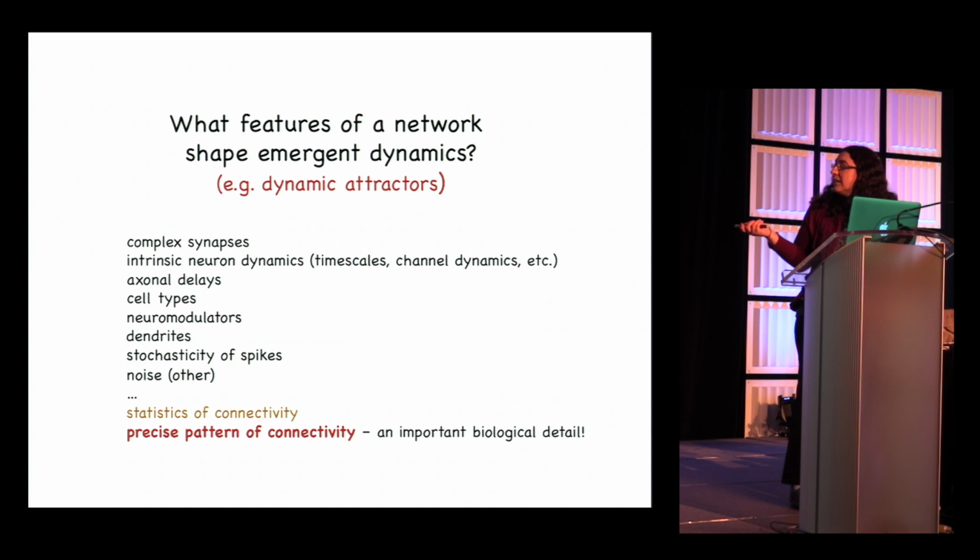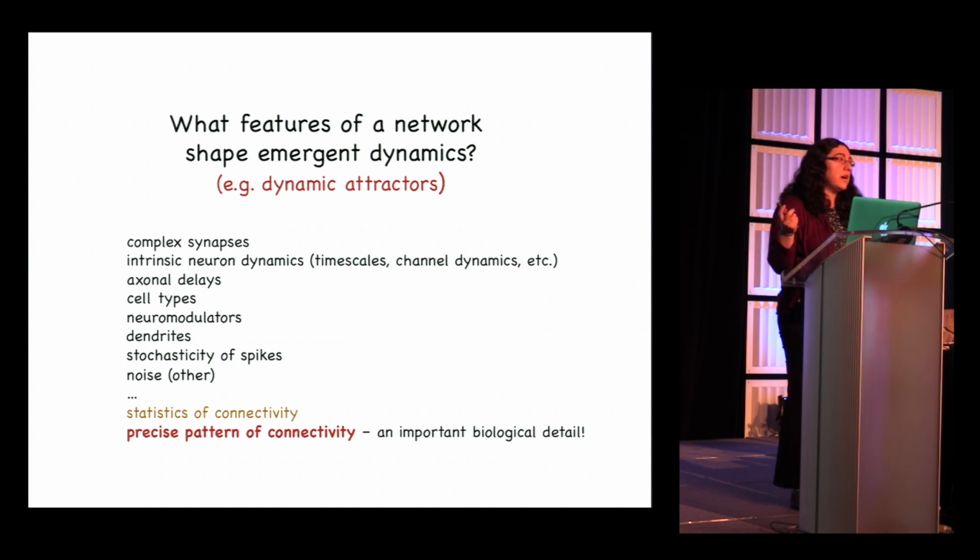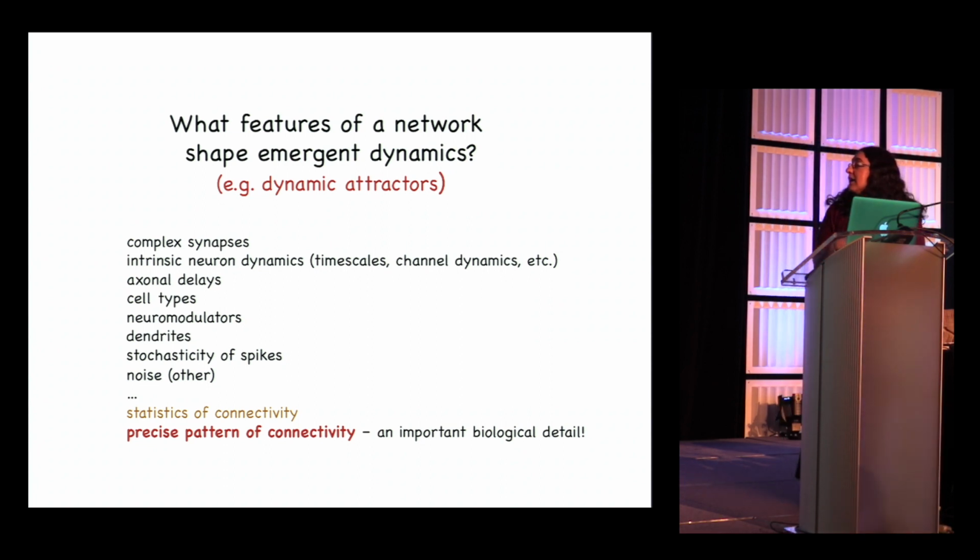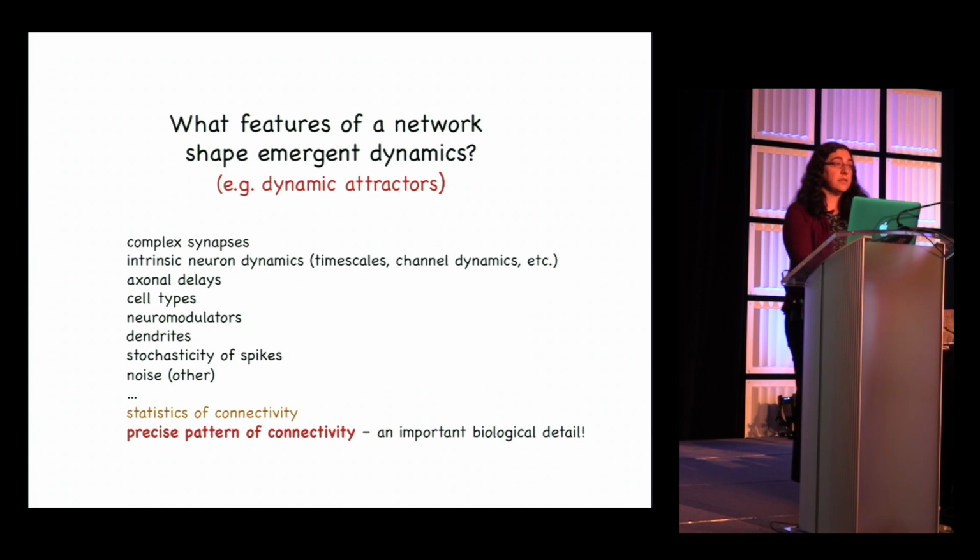I think oftentimes when we have network models, we go to two extremes. Either the connectivity is random, or it follows some local statistics. Maybe you have two populations of neurons, and they have different in-degree and out-degree in their connectivity patterns, or it's highly structured, like in a ring model or a bump attractor network, where the connectivity drops off regularly with distance.